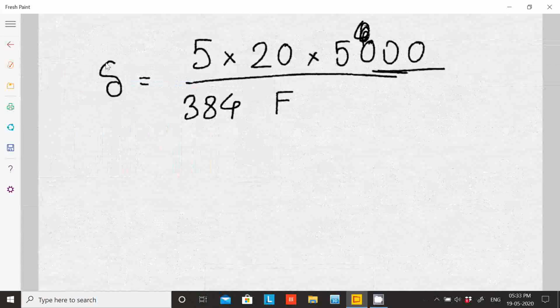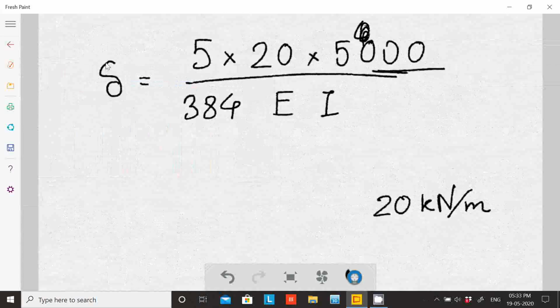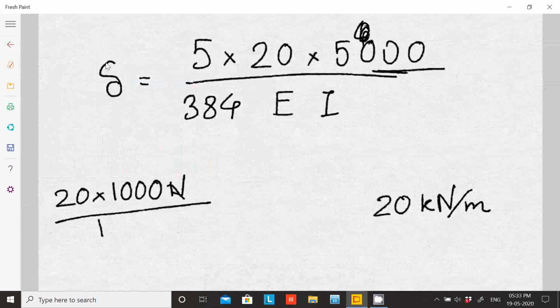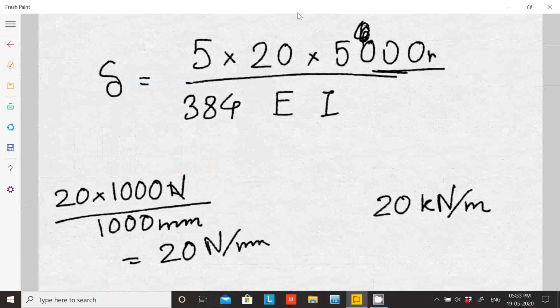Now the 20 kilonewton per meter, if we convert it, is 1000 Newton by 1000 mm. So ultimately it is 20 Newton per mm only. That's why we have written mm here. Here this 20 will be Newton per mm.